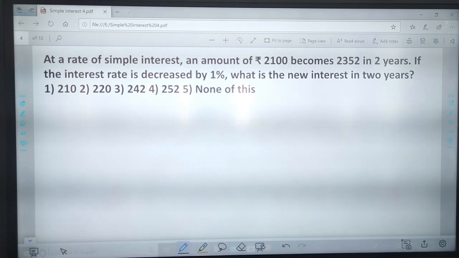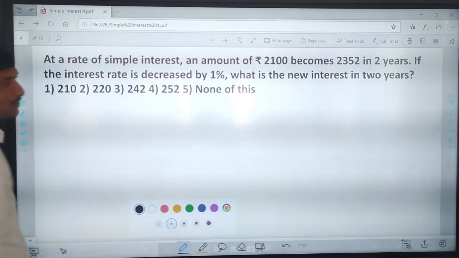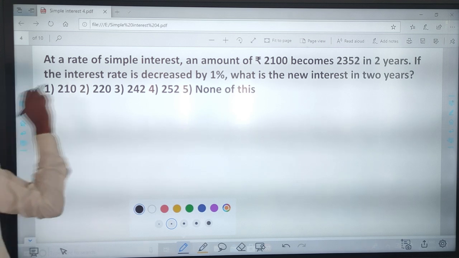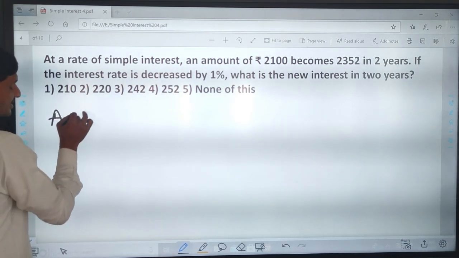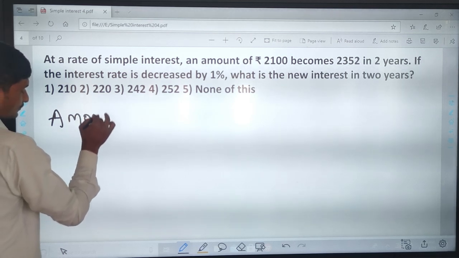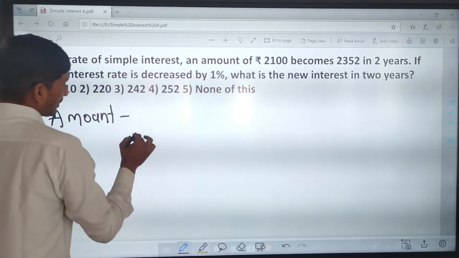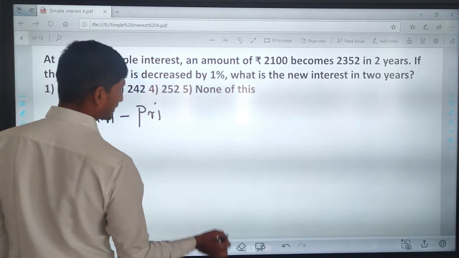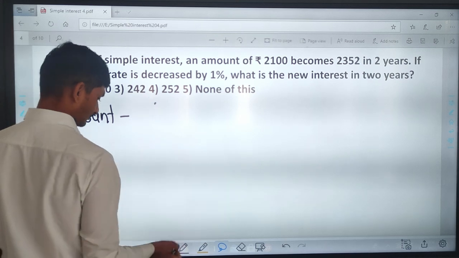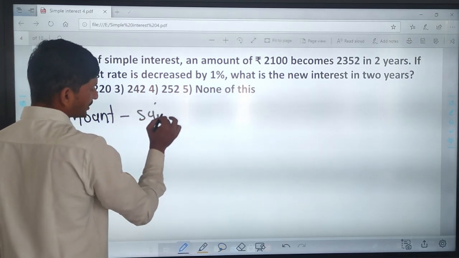Now here, firstly find the first interest. Your amount minus principal, or sum, is equal to interest.